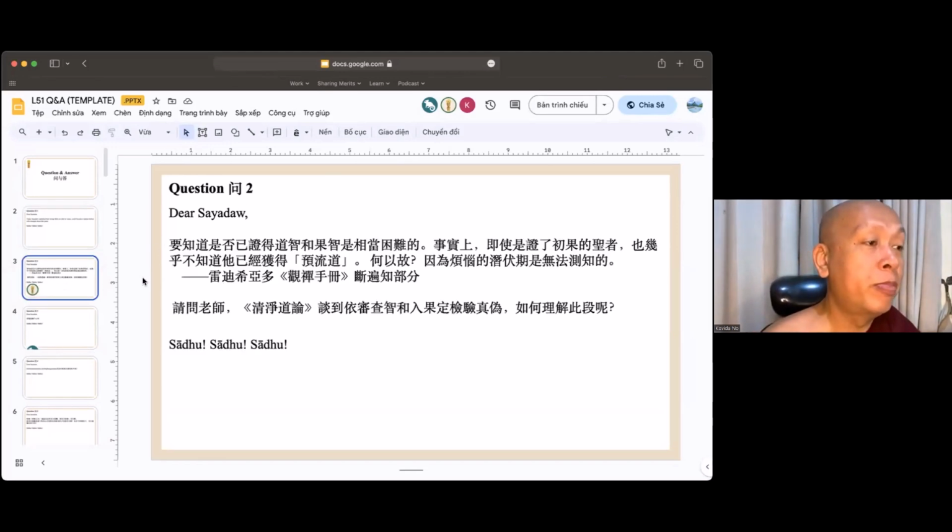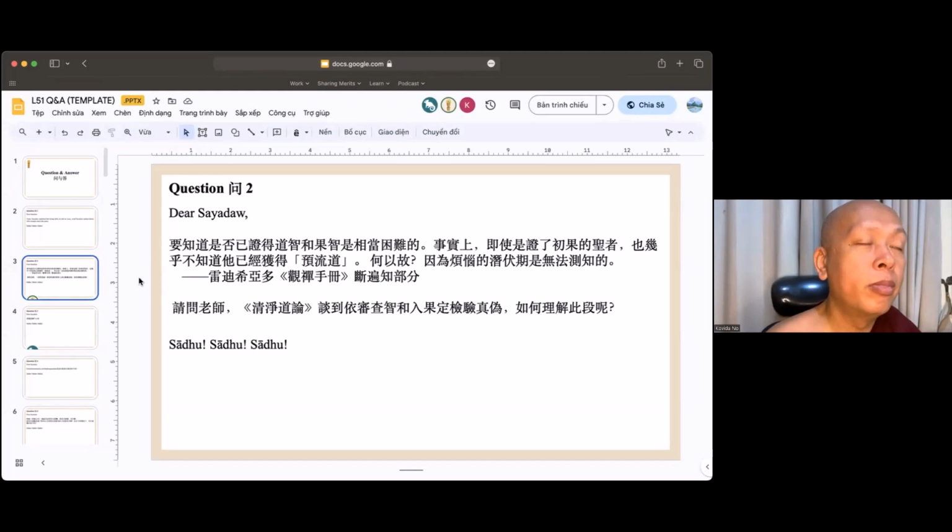The next one. Dear Sayadaw, in order to know whether someone has attained Magga, it is very difficult.